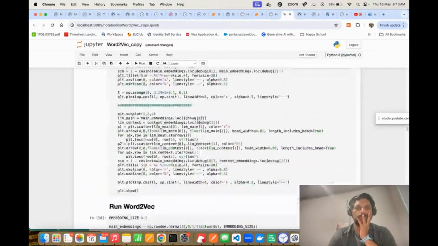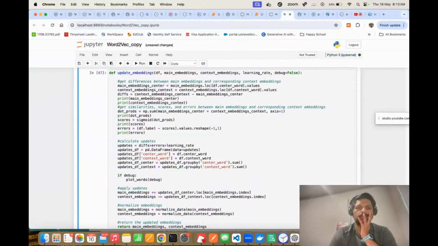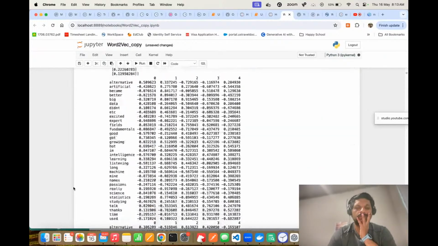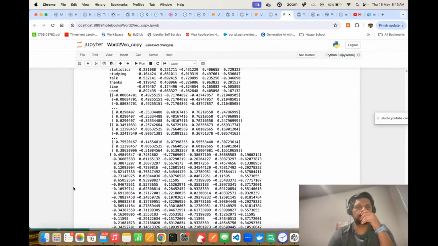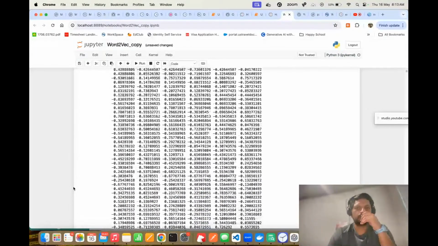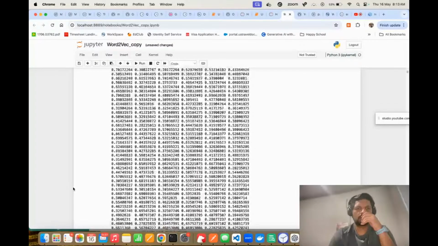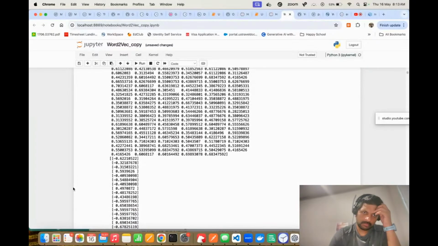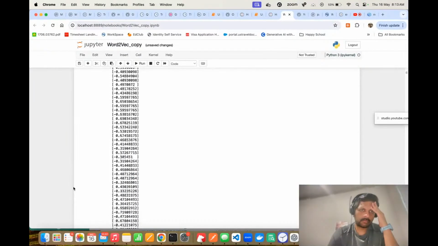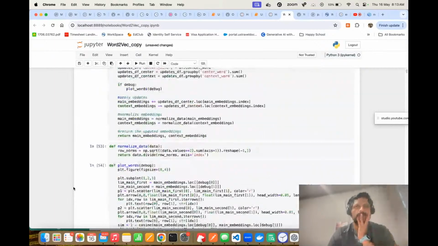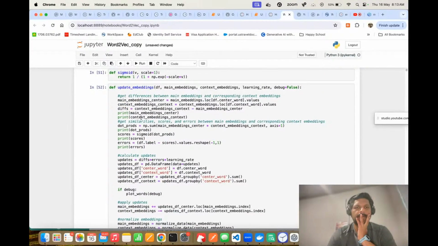Hey, I defined sigma on top, is it? So if you go here, let's look at the debug. First I had main embedding, context embedding, and then dot product.